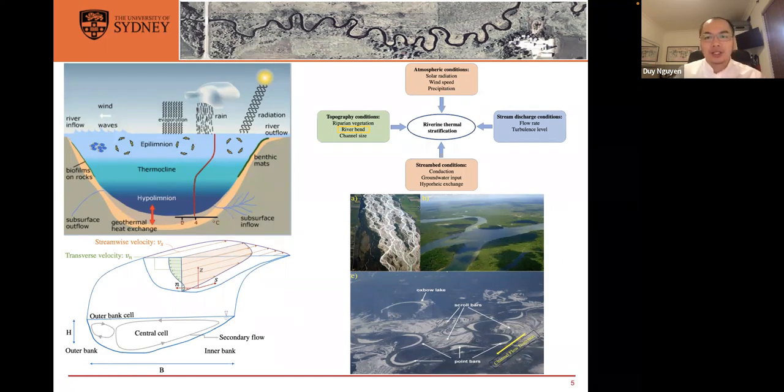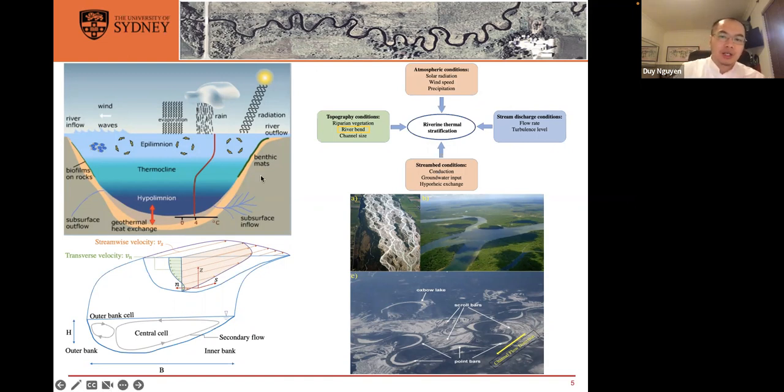So it all changes the shear stress or the turbulent kinetic energy. And the stream bed is also a factor, for the conduction or the groundwater input. All of them change the kinetic energy associated with the bed. And of course, we also change the flow rate or turbulence of the river, or the stream discharge.